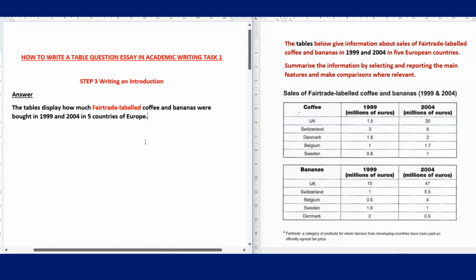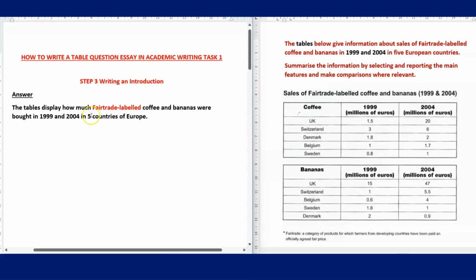If it was maybe UK and Switzerland, 2, it's fine. You can just say that the tables display how much fair trade labeled coffee and bananas were bought in 1999 and 2004 in UK and Switzerland. Just 2 is okay. Even 3 is okay: UK, Switzerland, and Denmark. But when it's more than 3, don't list them.